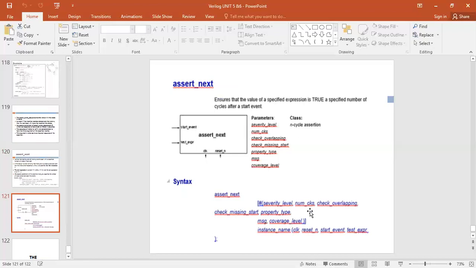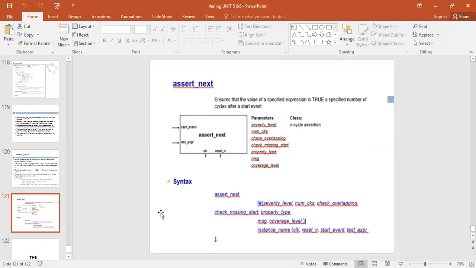Here, the number of clock cycles being taken, and whether it is overlapping or non-overlapping, it will check the overlapping condition. And check missing of start, whether it is starting from the reset correctly or not, that it will check. That is the assert underscore next.